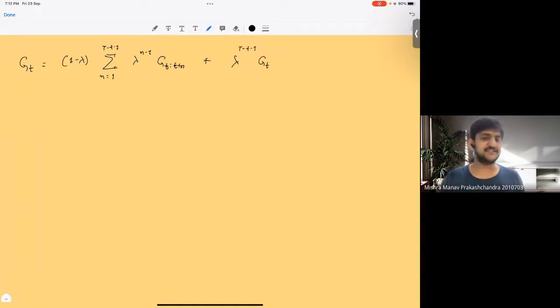So this is how the expression for your expected return looks when you're trying to compute your lambda return. So the question is, does the one-step return get the highest weightage compared to any other return?